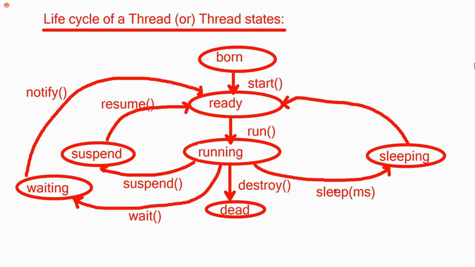So if you call the sleep method, here ms is nothing but milliseconds. 1000 milliseconds equals 1 second. If you want 5 minutes, you should not write just 5. If you write 5, it will sleep only 5 milliseconds, which you cannot even observe. For 5 minutes, write 5 into 60 into 1000.